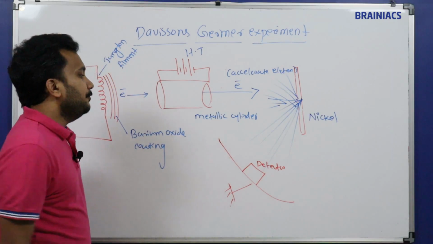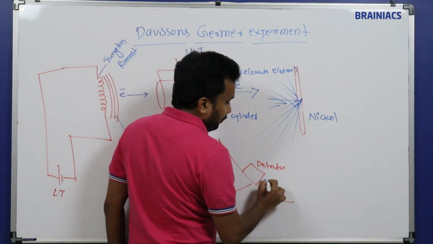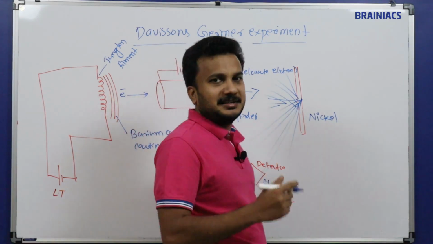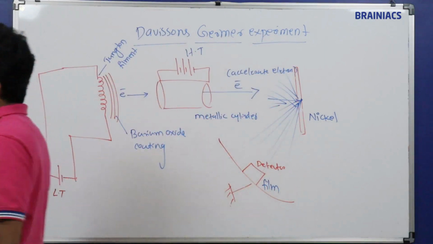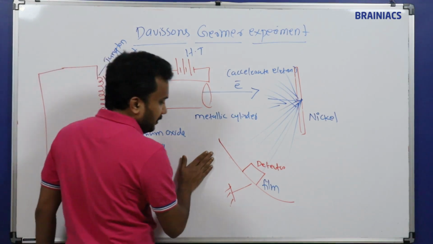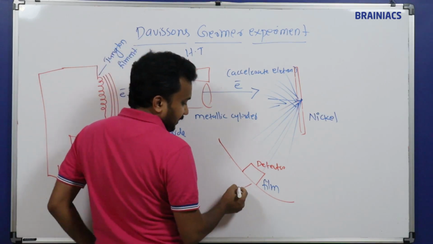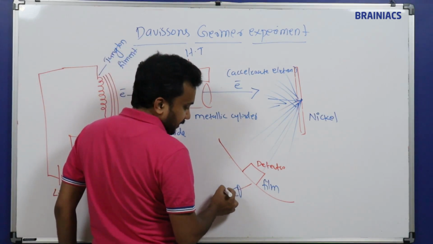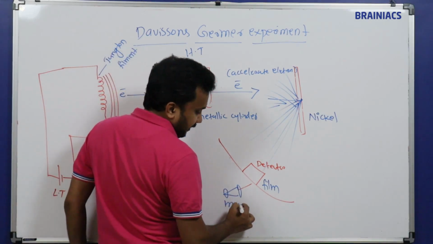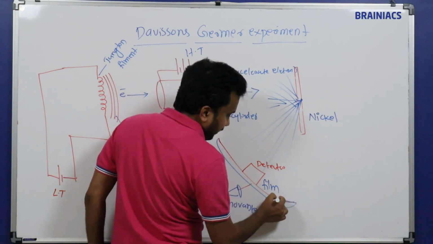So what will happen? We have a detector over here, and the detector is equipped with a film. It's a kind of X-ray film. So a film will be there and we have a detector here. The detector is not a fixed one, it is a kind of movable detector, and it has this kind of structure.